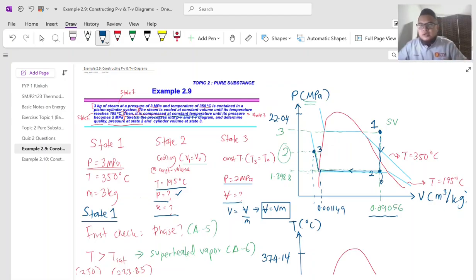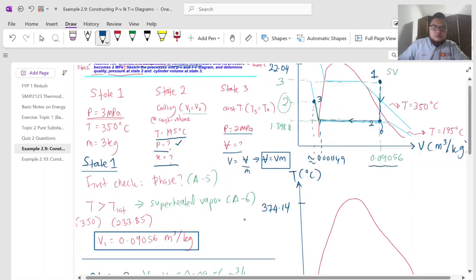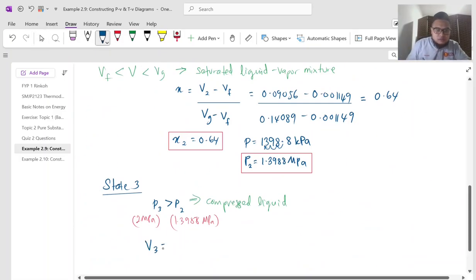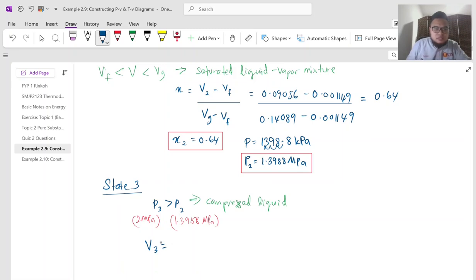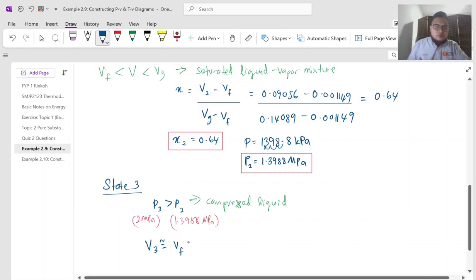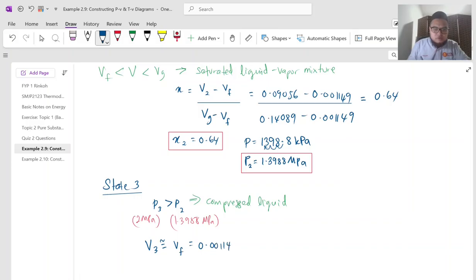Yeah, they are very close, so we can approximate. Here the specific volume at state 3 is approximately V sub F, which is 0.001149 meter cube per kilogram.